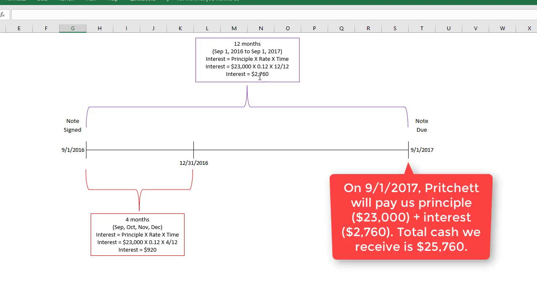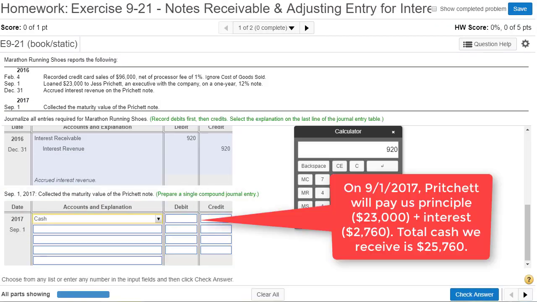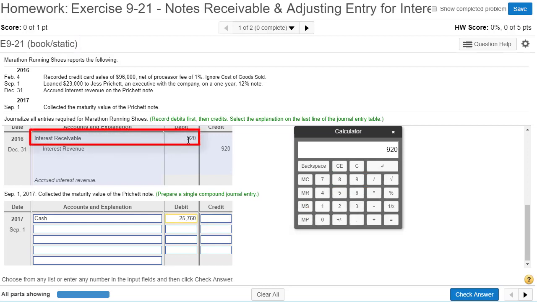But Pritchett also needs to pay back the principal. So the amount of cash we're going to get is the $23,000 plus the interest of $2,760. So that's what, $25,760. All right. So let's go back up here. Notice at the end of the previous year, we recorded interest receivable.